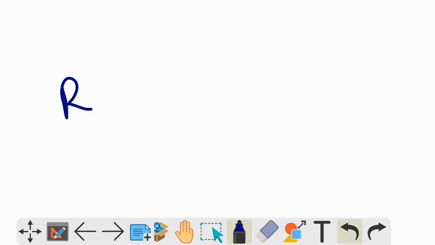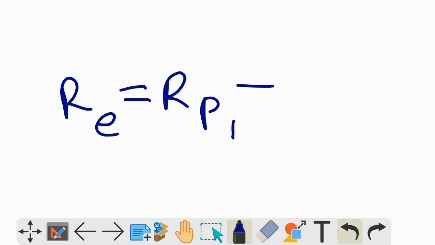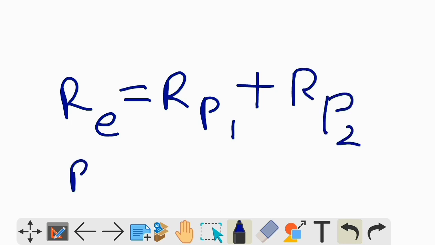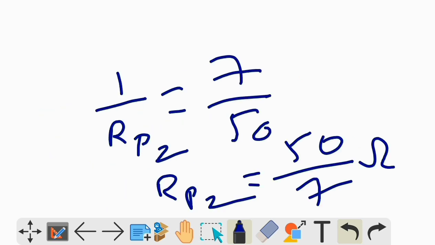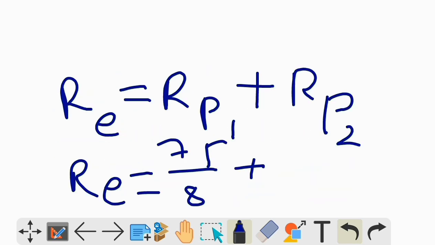Then the total equivalent resistance is equal to Rp1 plus Rp2. The equivalent resistance will be 75 by 8 plus, what is the Rp2 value we got? 50 by 7. So you can simplify and write.